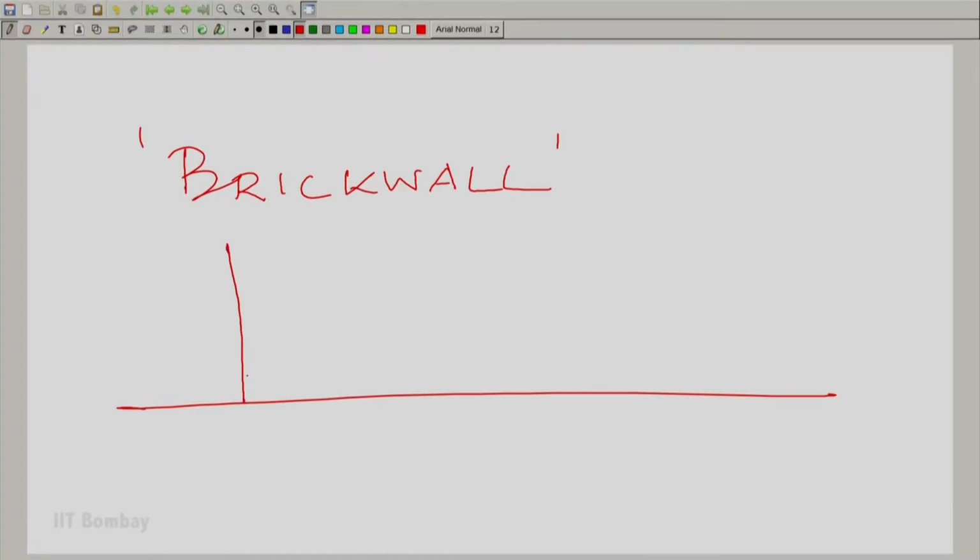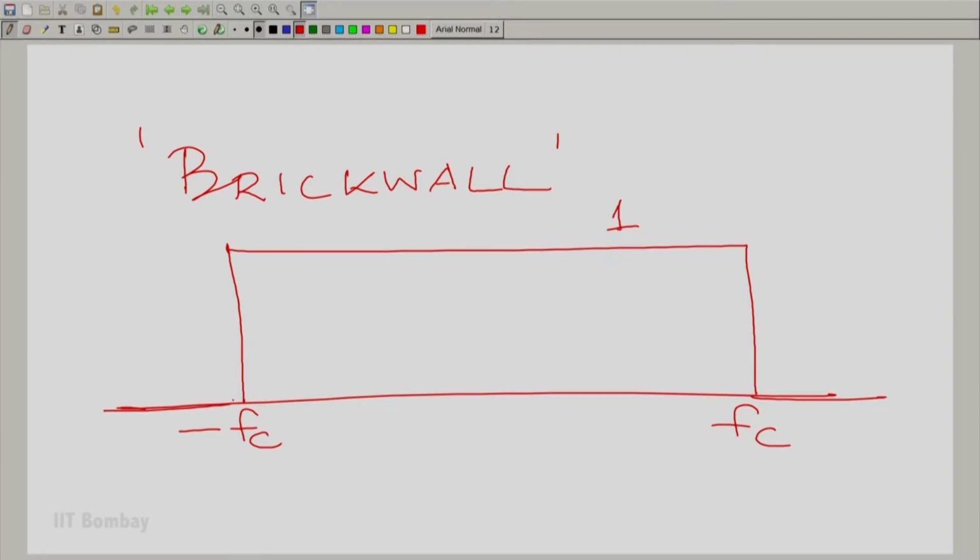The frequency response looks like this: minus Fc to plus Fc, 1 and 0 outside. So, this is like a brick wall here. These are called brick wall responses, and brick wall responses are the problem here. Brick wall responses give you unstable systems. Now, this is a point which I am not formally proving at this stage.